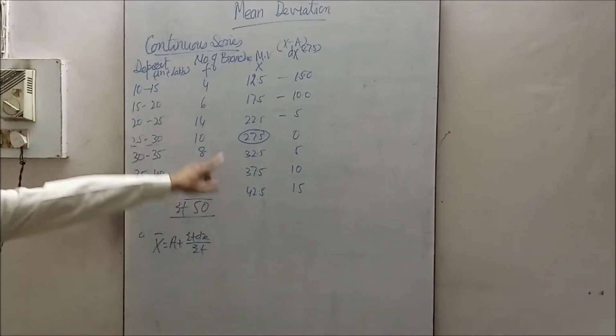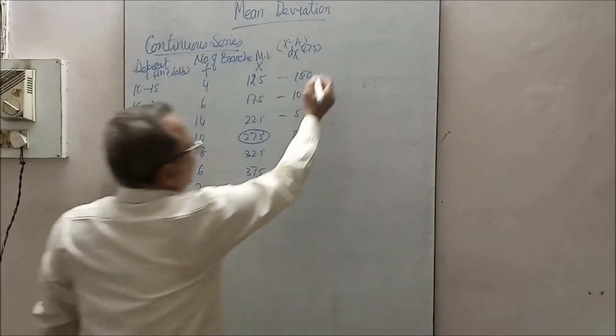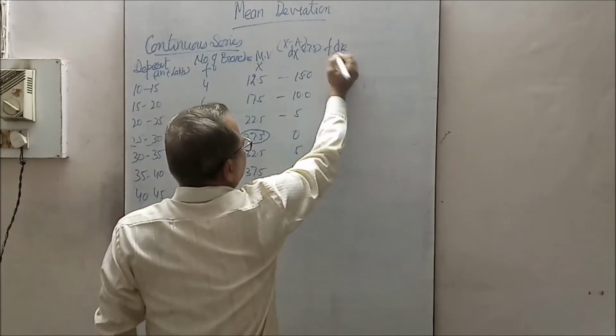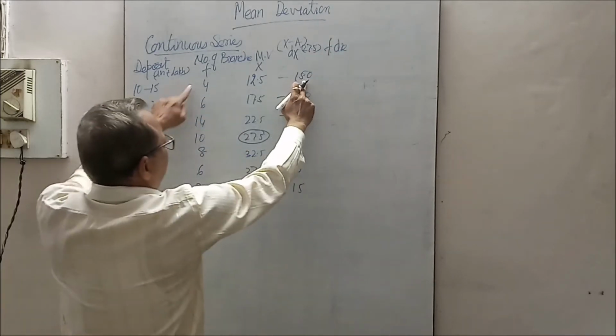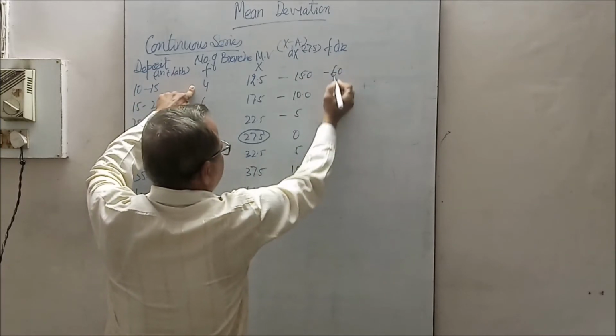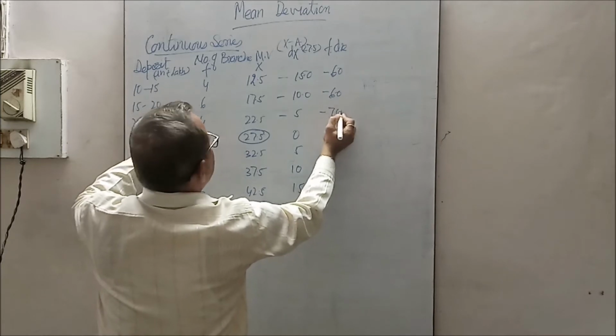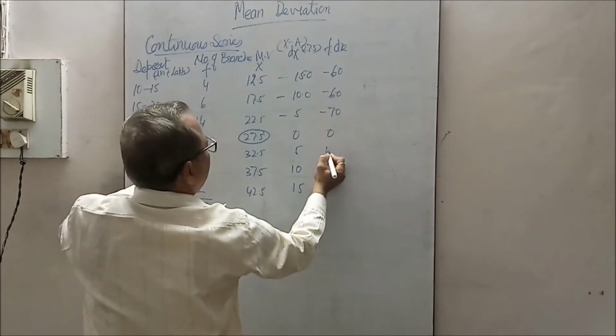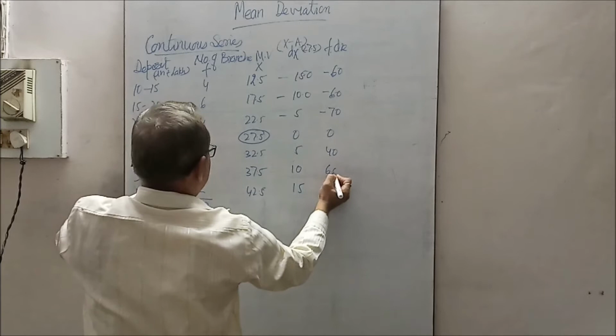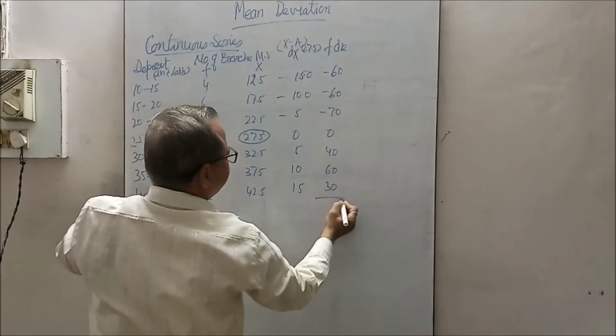This is called deviation from the x. Now f dx: minus 60, minus 60, minus 70, 0, 40, 60, 30.